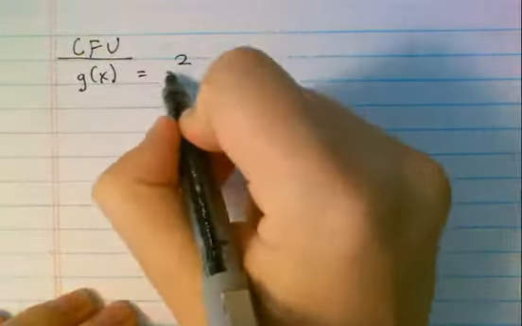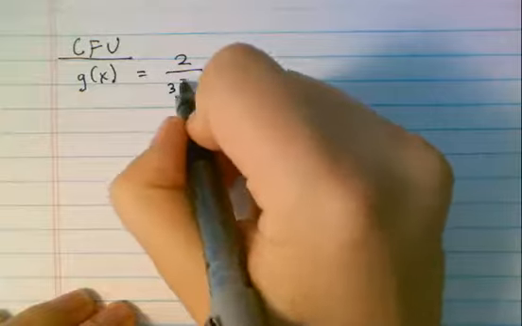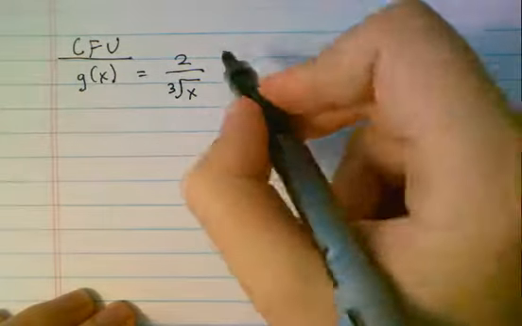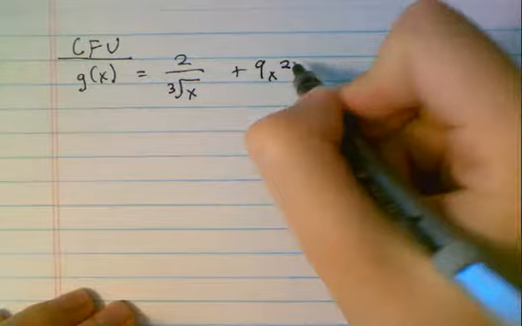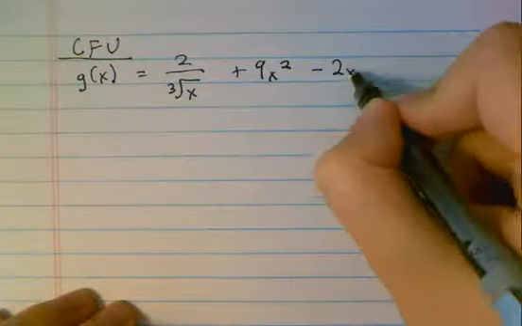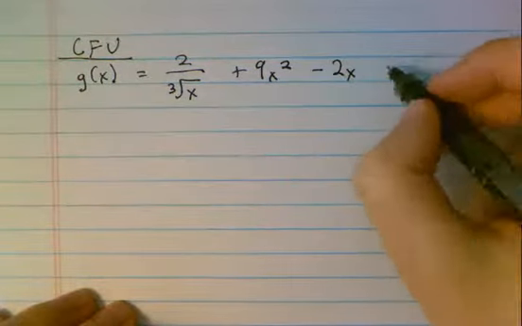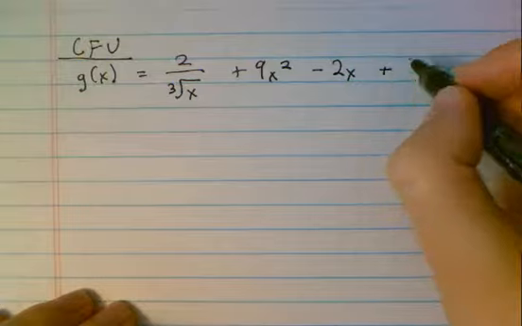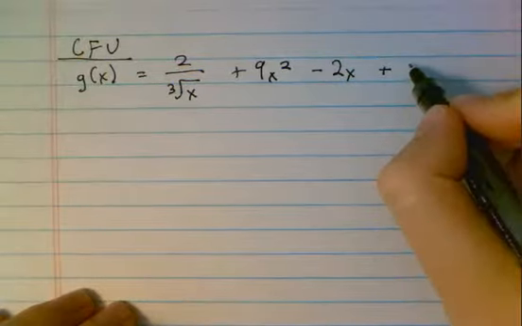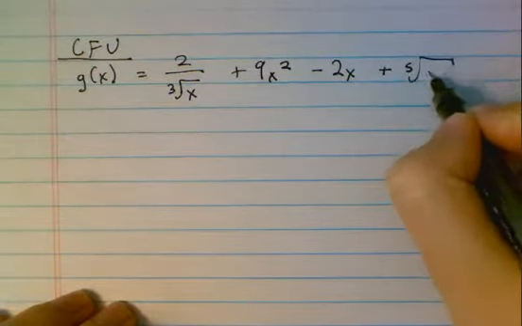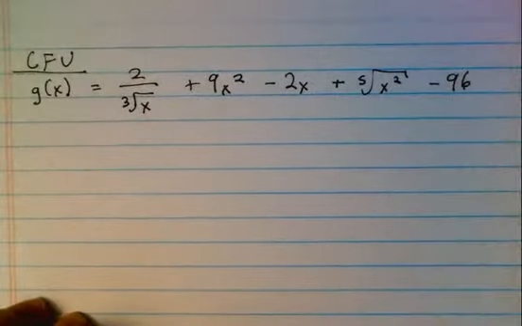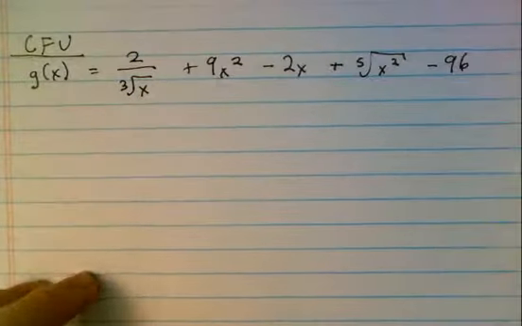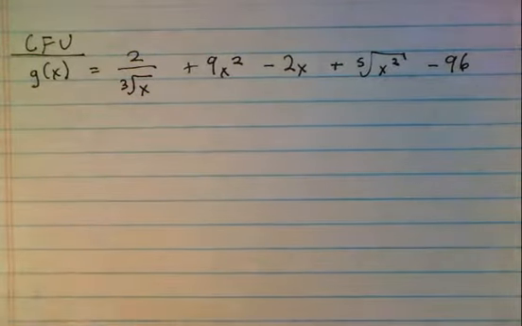If g of x equals 2 over the cubed root of x plus 9x squared minus 2x plus the 5th root of x squared minus 96, I want you to find the derivative of that.